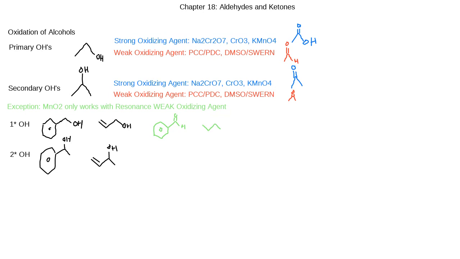And then this one is also going to turn into an aldehyde, because it's primary and it's a weak oxidizing agent and it's allylic, so MnO2 will work. Now onto the secondaries. Remember, regardless of what reagent, strong or weak, as long as it's secondary, it's going to turn into a ketone. Okay, so that should be fairly simple.